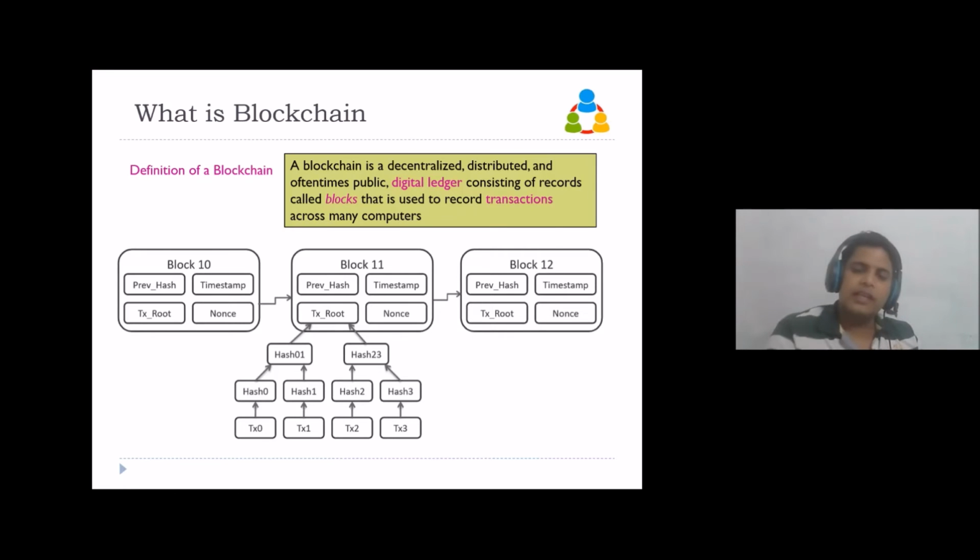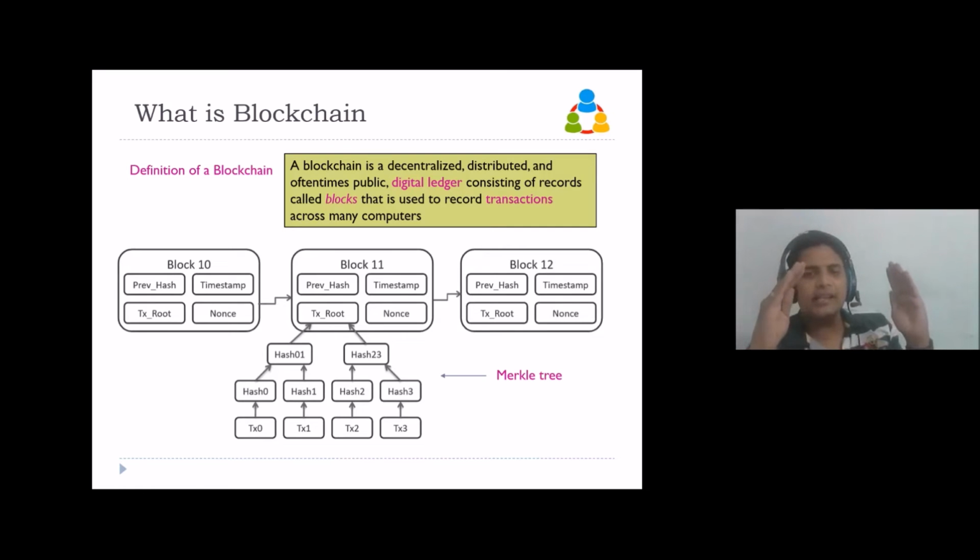Okay, so in blockchain, what they do is they create what is called a Merkle tree. So you can see that this particular tree is a tree-like formation, and then finally you reach the TX root.